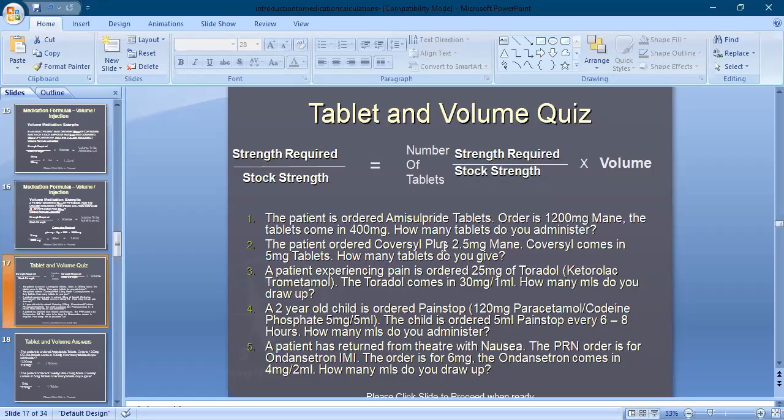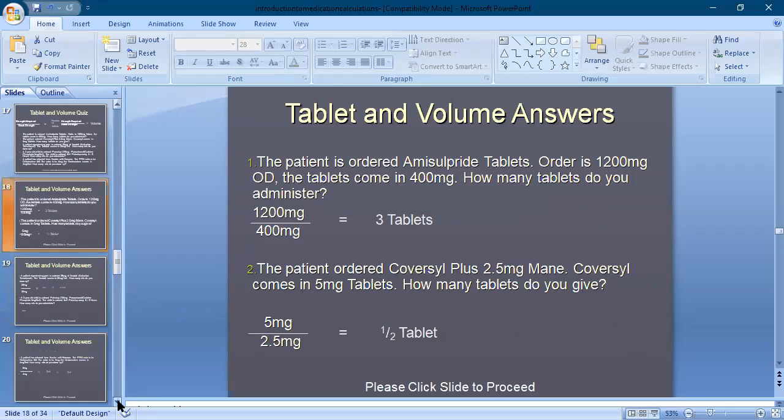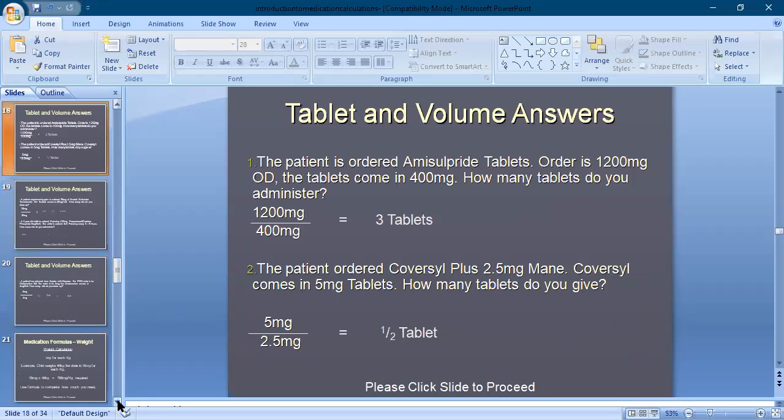Example question here, it is very easy. And here also keep these 5 formula solutions, okay? So the patient is ordered a sulfide tablet, the order is 1200 milligram. The tablet that came to your hand is 400 milligram.